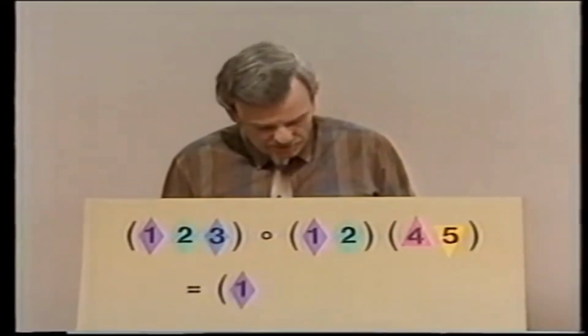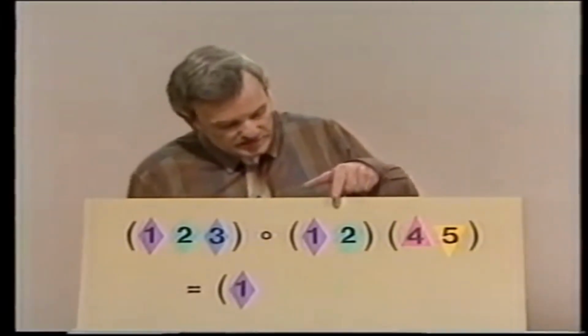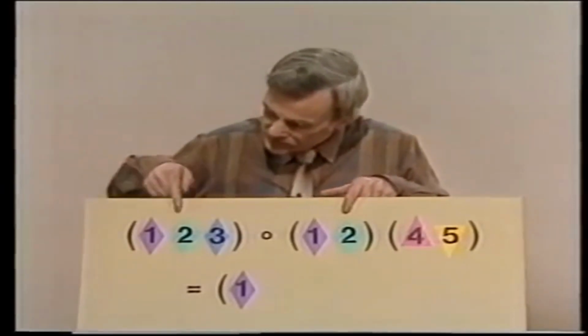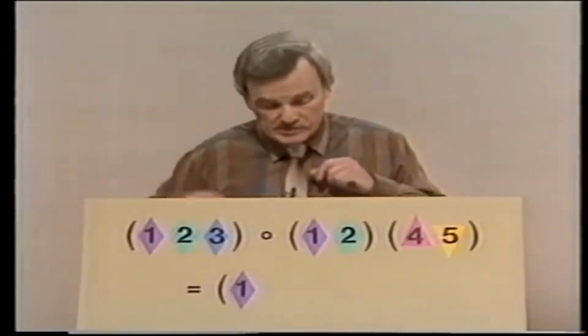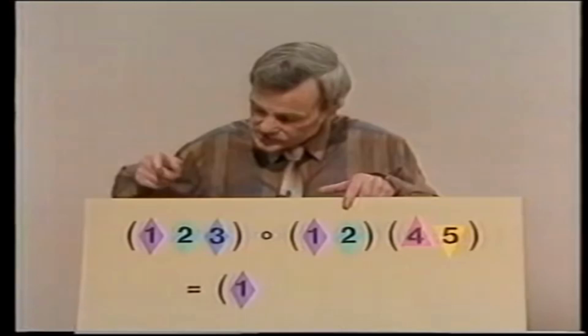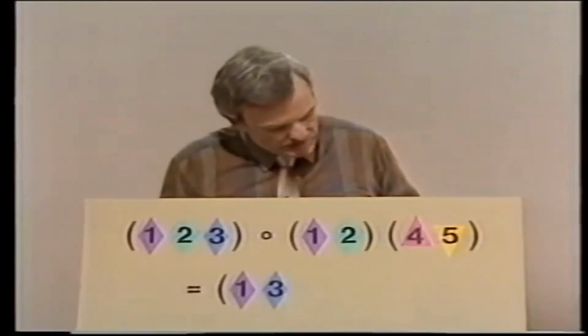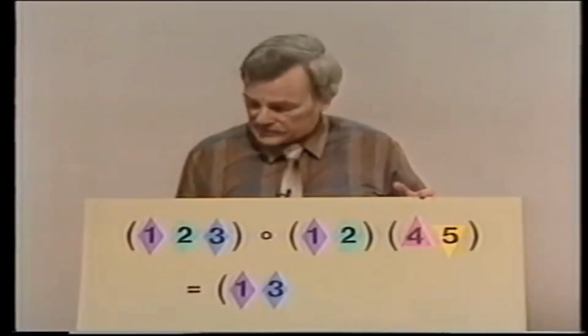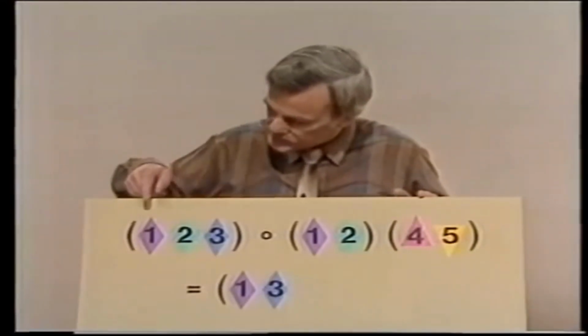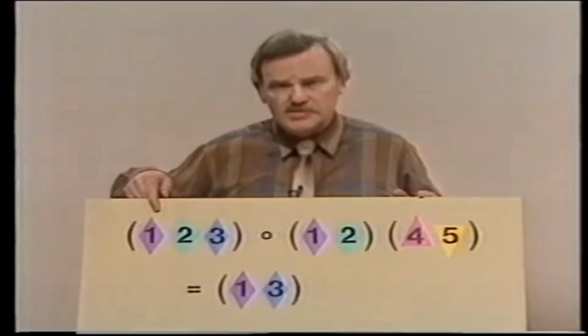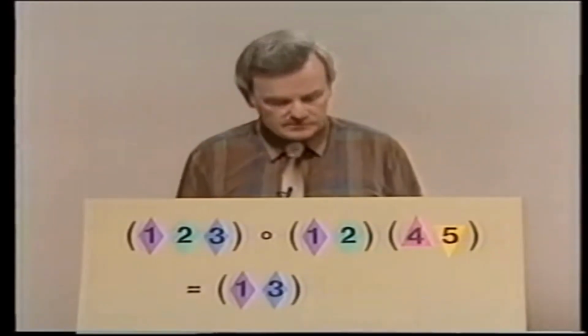Where does the symbol 1 go? Under this permutation 1 goes to 2, and then this one takes 2 to 3. So in the composition, 1 goes via 2 to 3. Now look at 3. This permutation leaves 3 fixed, and this one takes 3 to 1. So the composition takes 3 to 1.